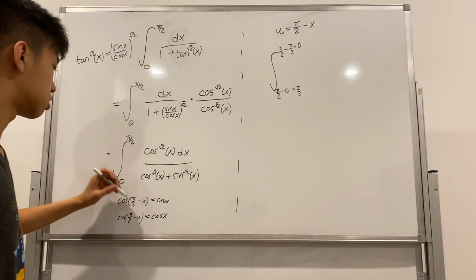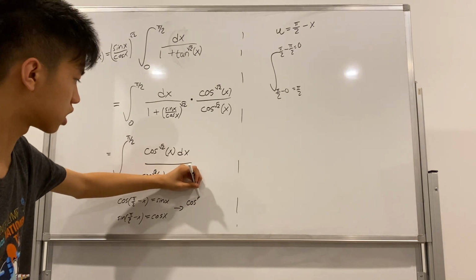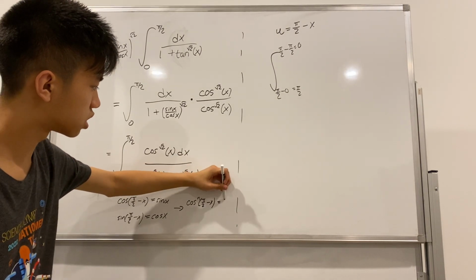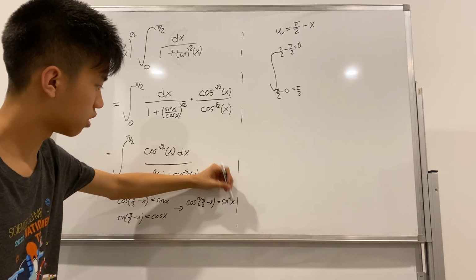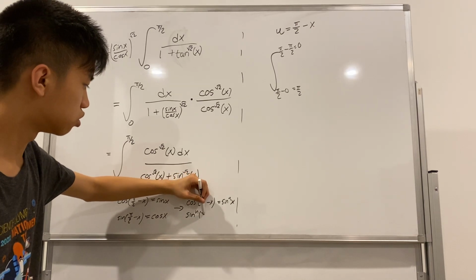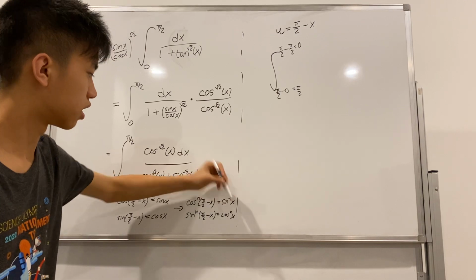So if we raise them to the n power, we get a new set of identities. Cosine to the n power of pi over 2 minus x equals sine to the n of x, and sine to the n of pi over 2 minus x equals cosine to the n of x.